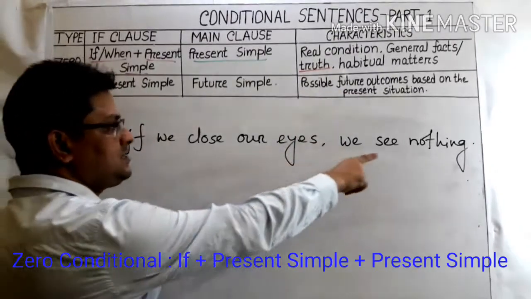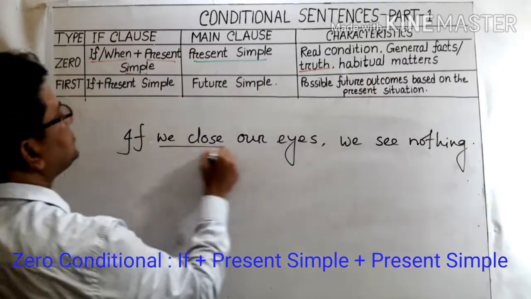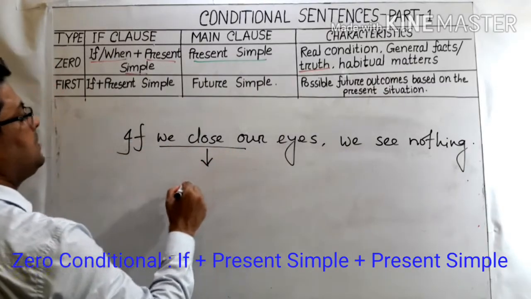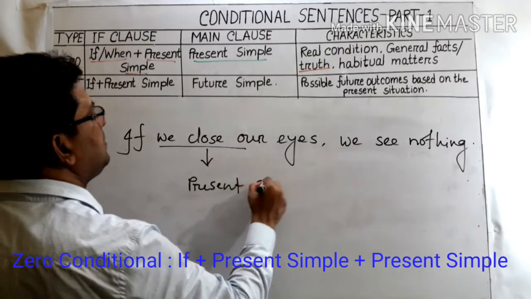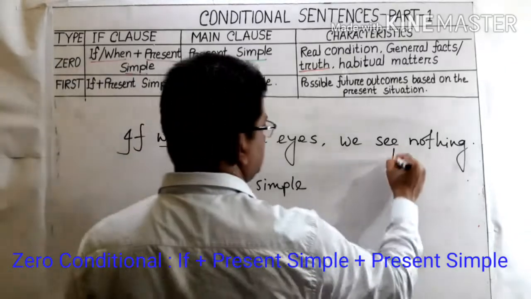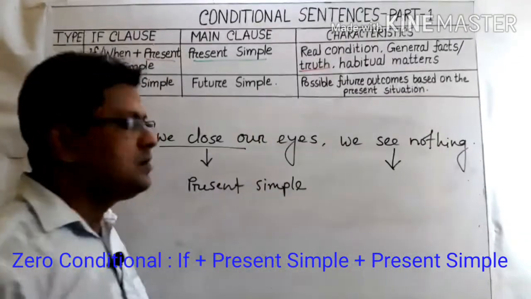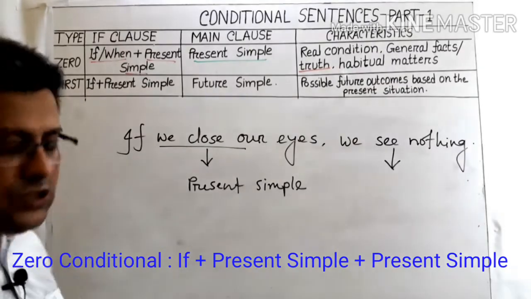If we close our eyes, we see nothing. This is obviously a real condition. The if clause contains present simple and the main clause also shows the present simple, that's why we call it zero conditional.